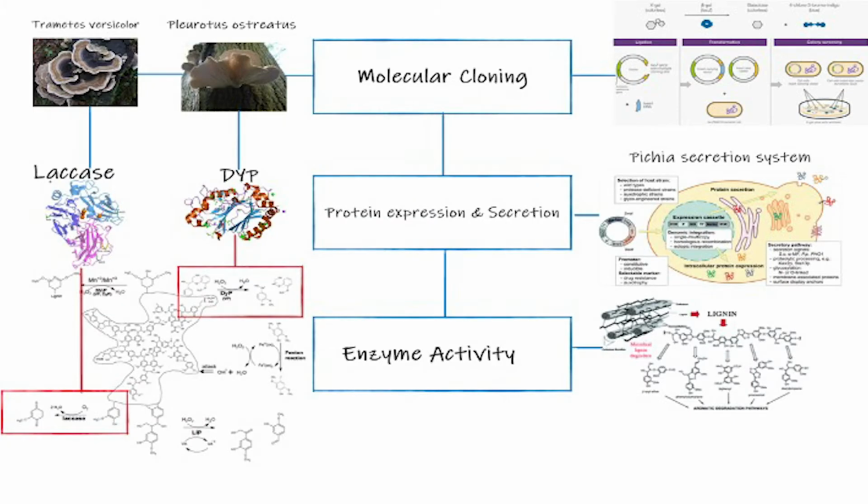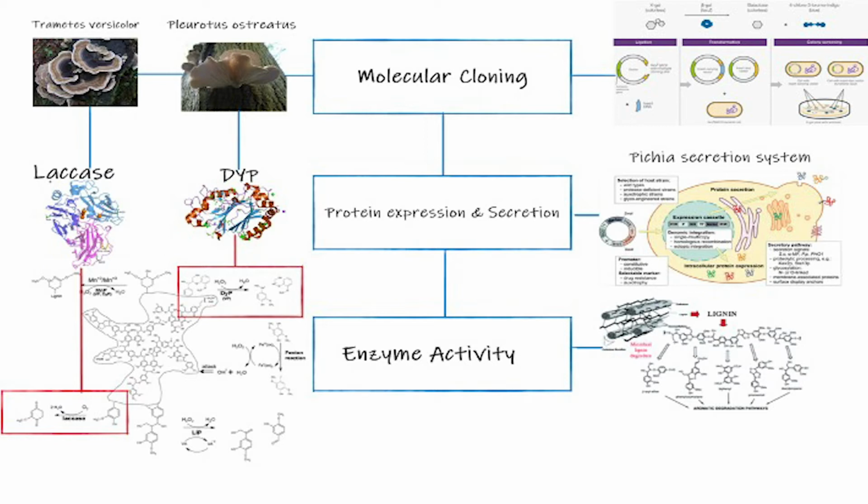To give a simple summary of our research, I've prepared this diagram. A key point in synthetic biology is the creation or synthesis of a special biologic system for a certain purpose. In this case, our purpose is to produce DYP and laccase that normally are expressed in Pleurotus ostreatus and Trametes versicolor.